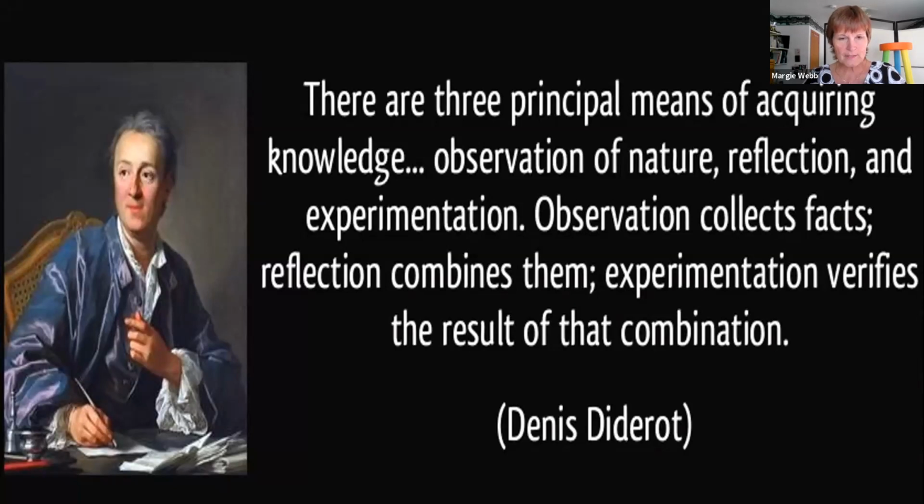There are three principal means of acquiring knowledge: observation of nature, reflection, and experimentation. Observation collects facts, reflection combines them, and experimentation verifies the result of that combination. So this is a pretty powerful statement and how it relates to CE.